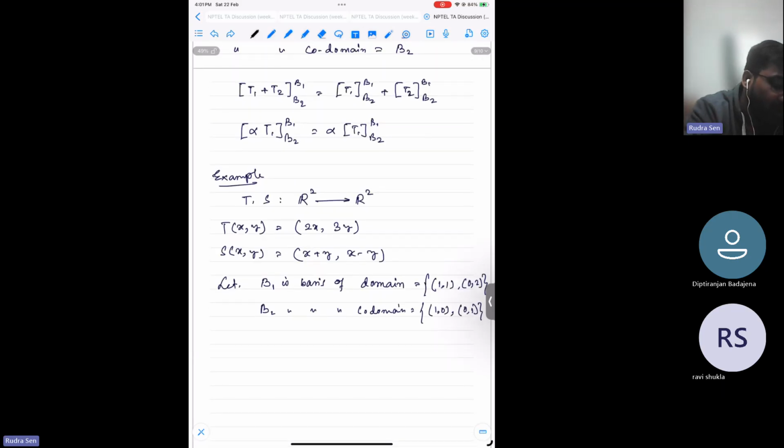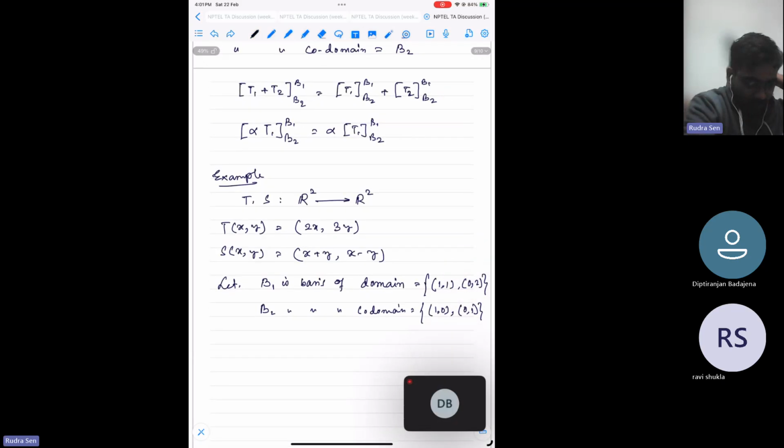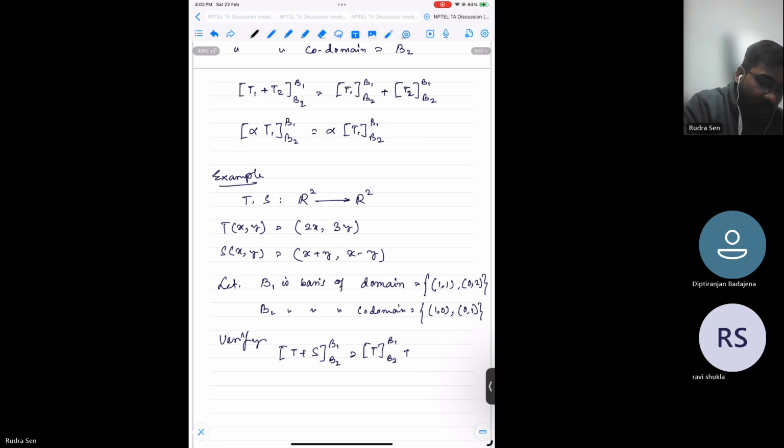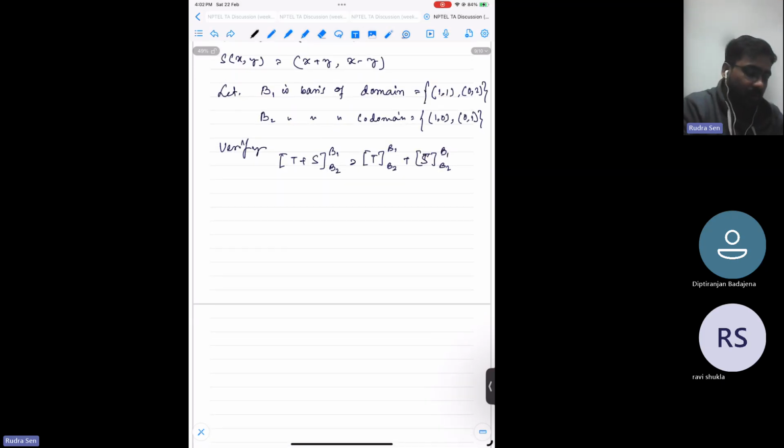Now we have to verify whether this property is satisfied or not. That means we have to verify that (T + S) on the domain basis B1, B2 is equal to T(B1, B2) plus, sorry, this should be S(B1, B2).